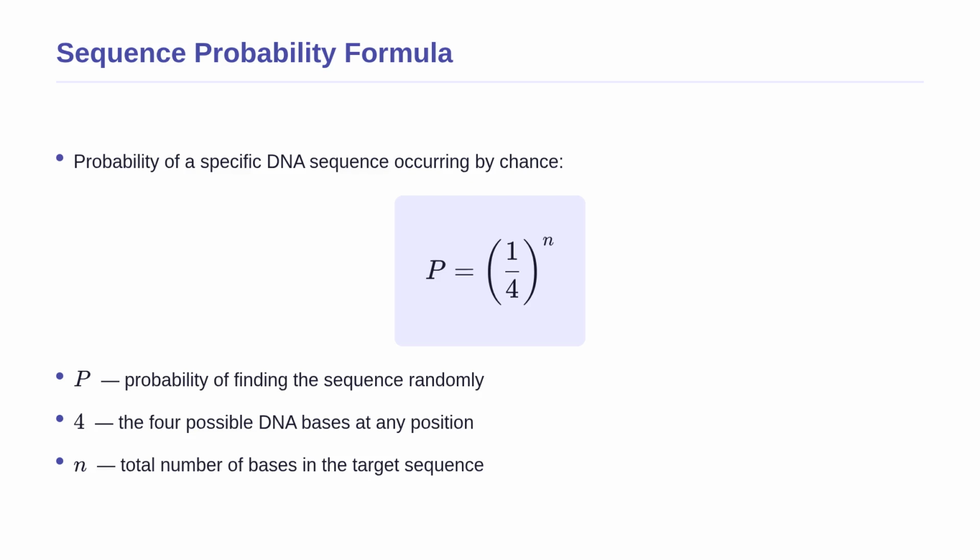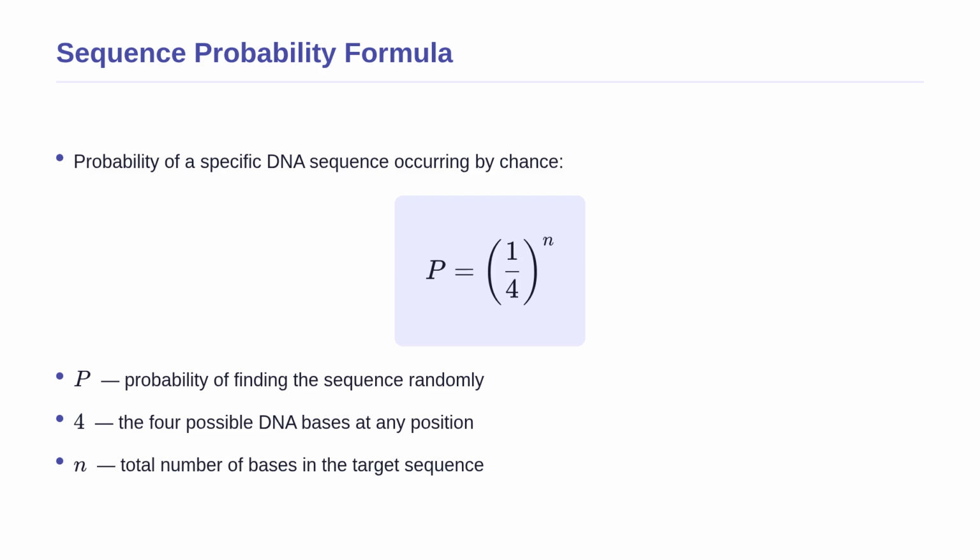This brings us to the mathematical foundation of target specificity. We can calculate the probability of a specific DNA sequence occurring randomly using a simple exponential formula, P equals 1 over 4 to the power of n. In this equation, P represents the probability of finding a specific sequence of DNA by pure random chance. The number 4 in the denominator represents the 4 possible DNA bases that can occupy any given position in the sequence.